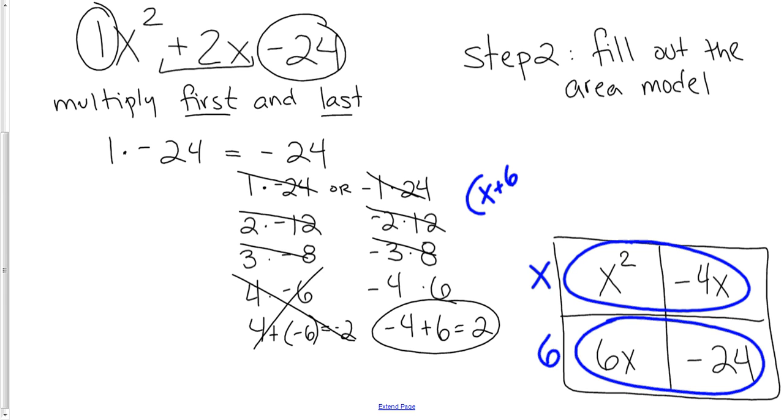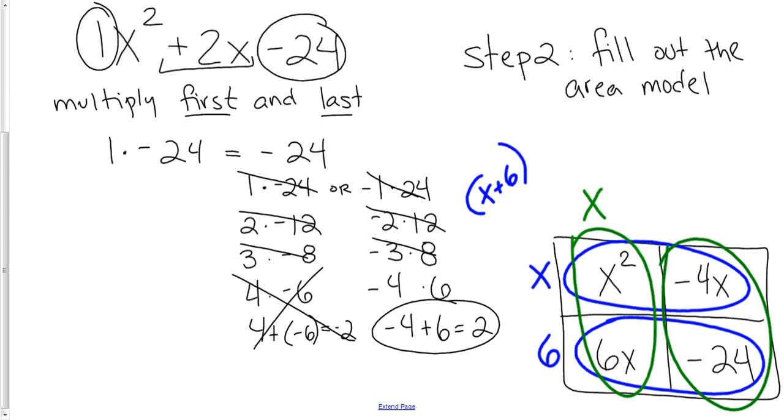So x plus 6, there's one factor. Let's look at my columns. x squared and 6x, all they share is an x. Negative 4 and negative 24 are both divisible by 4. Remember that negative has to come out. And so my other factor is x minus 4.